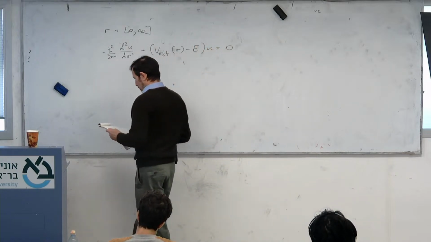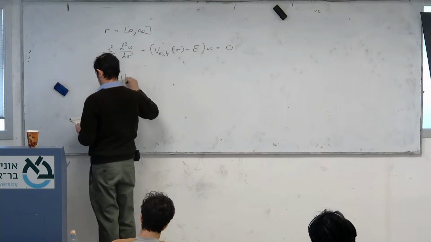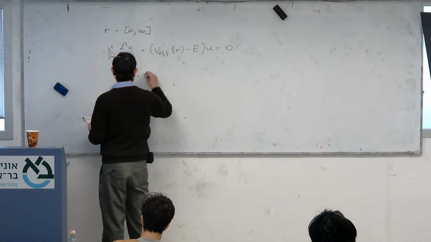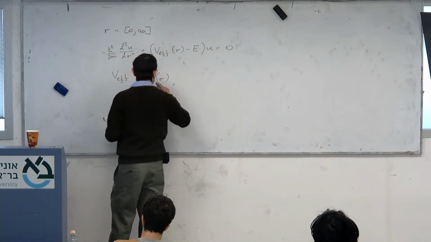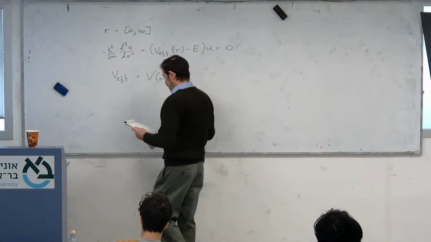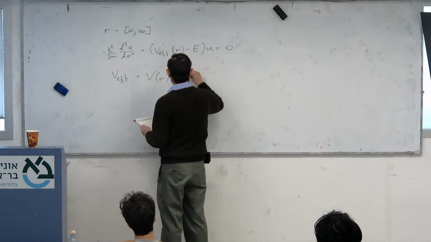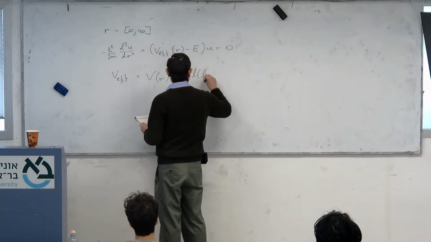And we should recall that V effective is the Coulomb potential or any other potential you're interested in, plus the contribution of the angular part.